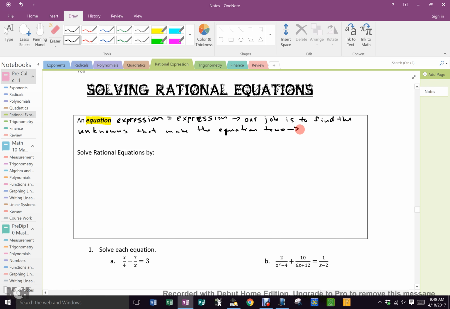And that's our job, but what do we have to do to accomplish that? It means we have to isolate the variables. No matter what form our equation takes, the goal is always to isolate the variables.